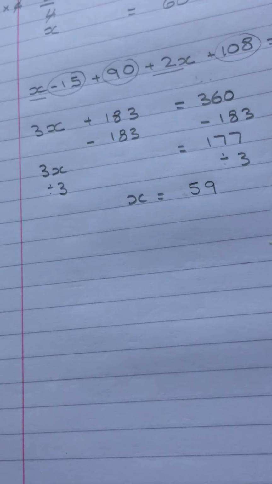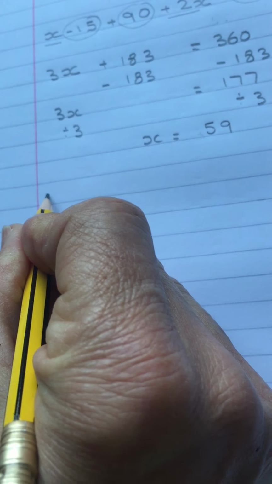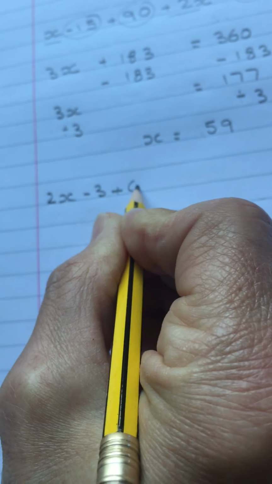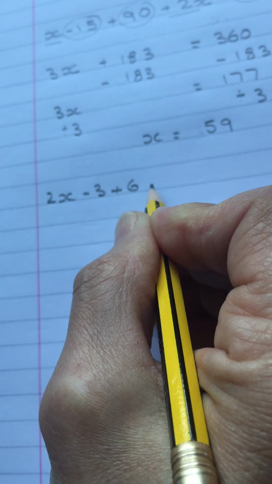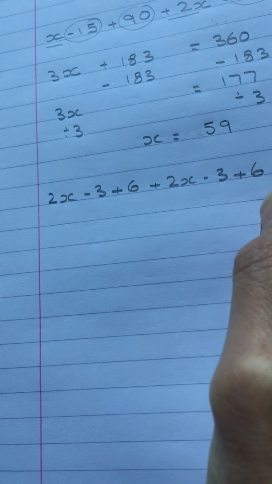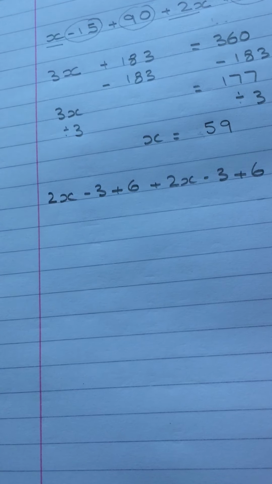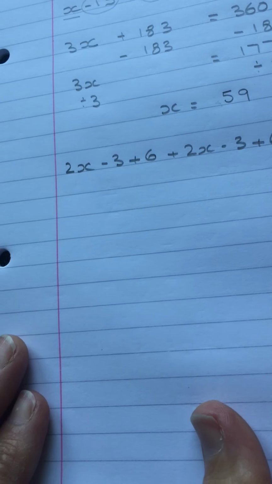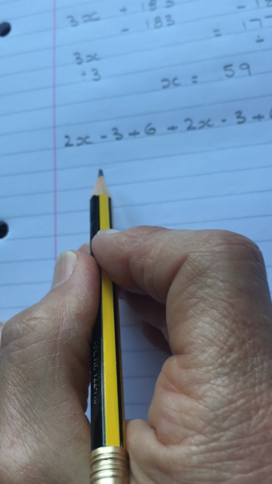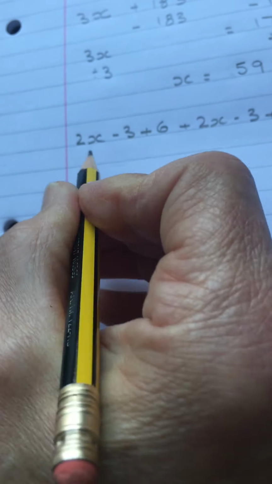So I'll write that down and then collect up like terms. So we're going to have 2x minus 3 plus 6 plus 2x minus 3 plus 6 is equal to 10 plus 6 plus 8. So collecting up my like terms, we've got 2x here and 2x here, so that's 4x.